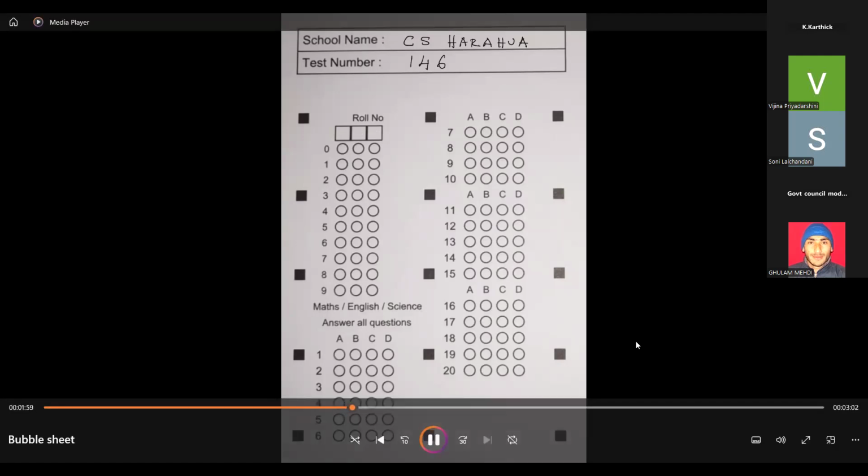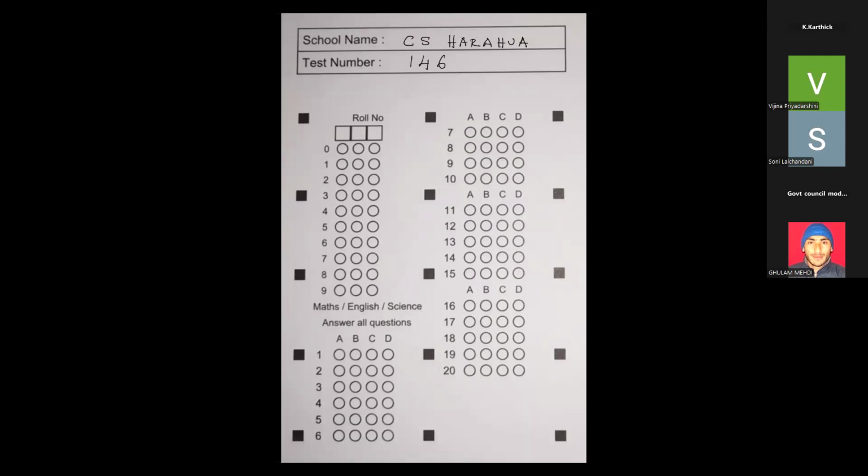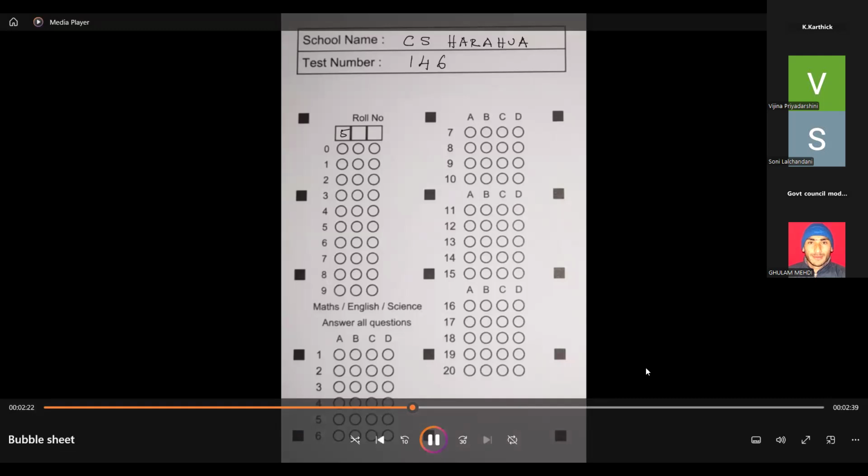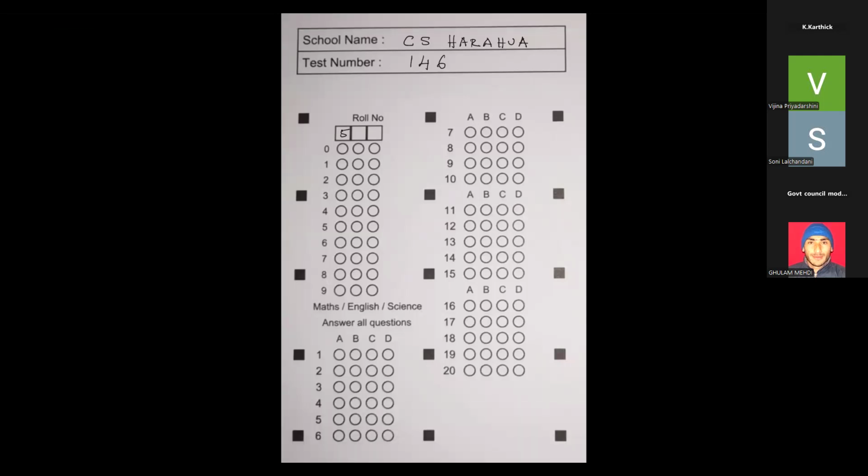In case your roll number is 2-digit, for example 34, you should write 34 like this. In case your roll number is only single digit, for example 5, you should write like this. Hope this is clear. Again, the roll number, test number, school name, these are all examples that I have given. You should write the actual ones for your school and your roll number.